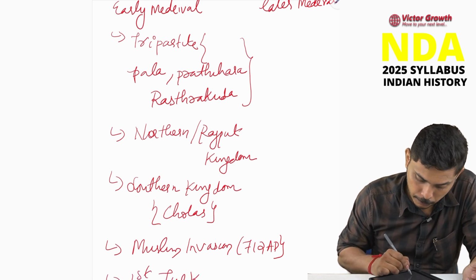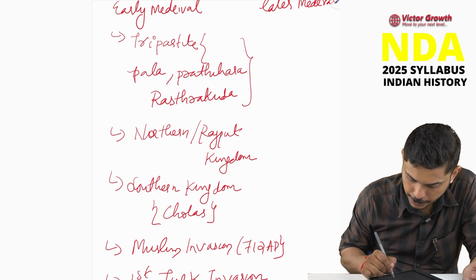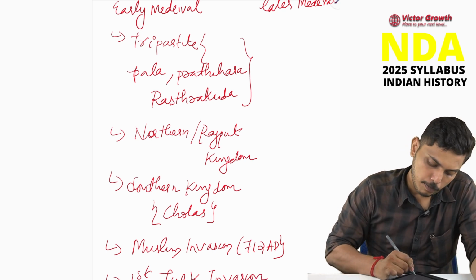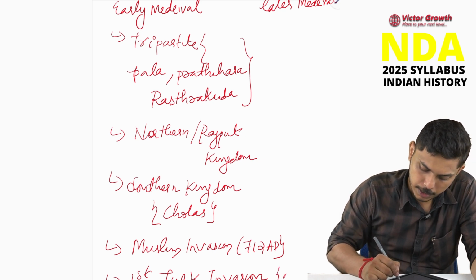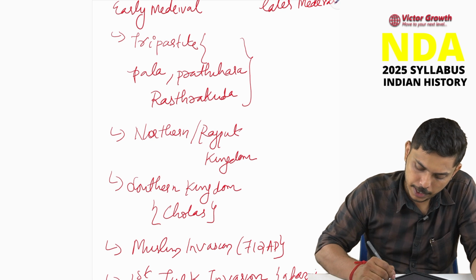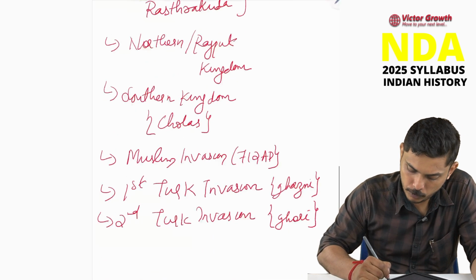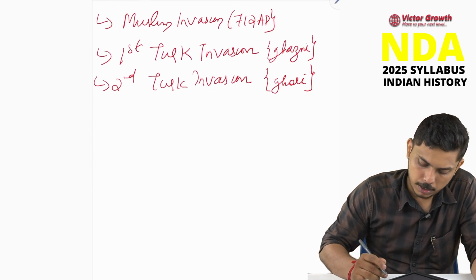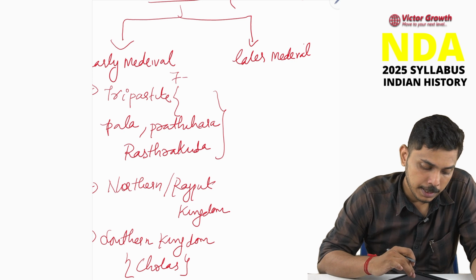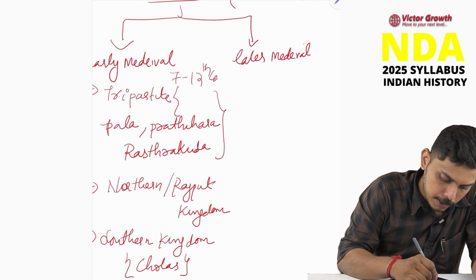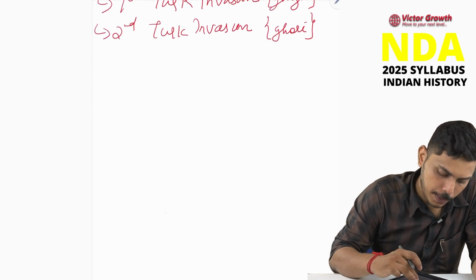Then the first Turk invasion, followed by the second Turk invasion, the first by Ghazni and the second one by Muhammad Ghori. This is early medieval Indian history, the time period from the 7th to the 12th century.